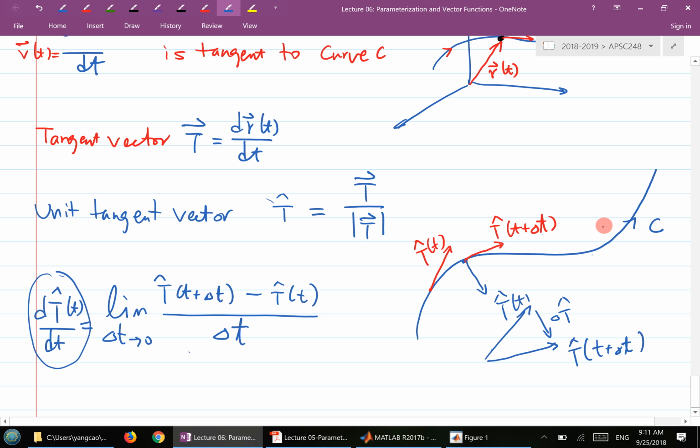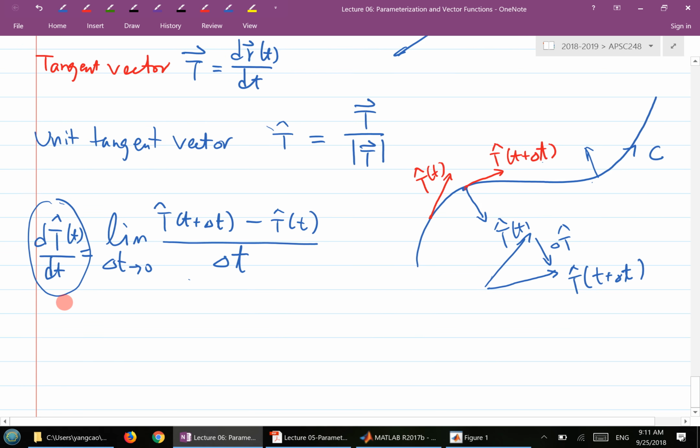If you move here, you have another direction, turning here. So this guy gives you the direction of turning of the curve at here. It's a very important direction, because when you drive a car and you know the velocity, you also want to know which direction you're turning. That direction is given by dT hat over dt.